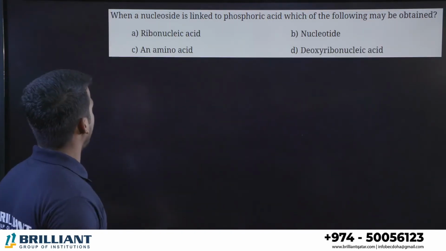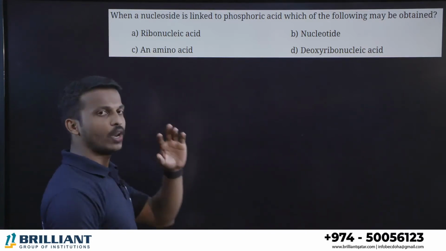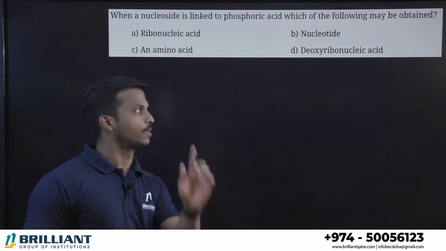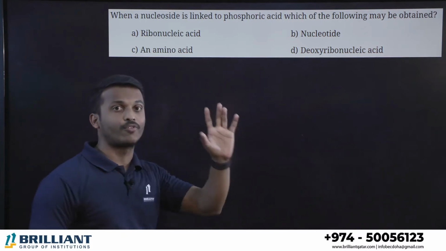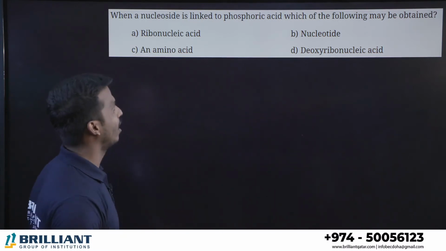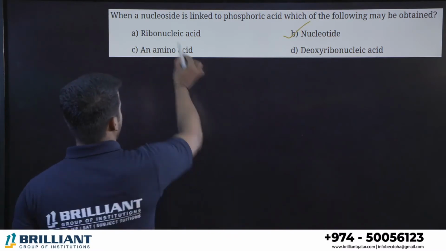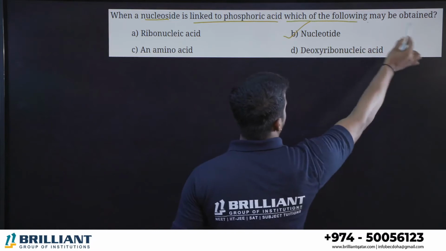Next question, all of you. When a nucleoside is linked, what is a nucleoside? A pentose sugar. At the first position, there is a base. A nucleoside linked to phosphoric acid or a phosphate group, what is it called? We will call it a nucleotide. A nucleoside is linked to phosphoric acid, which of the following can be obtained?